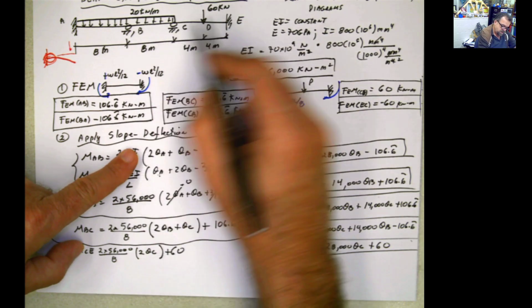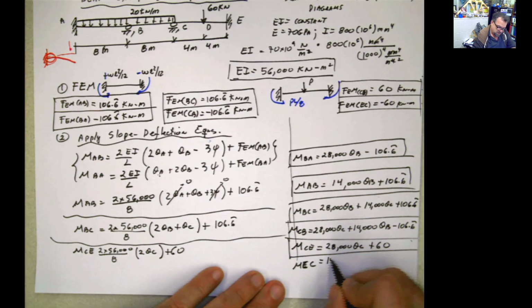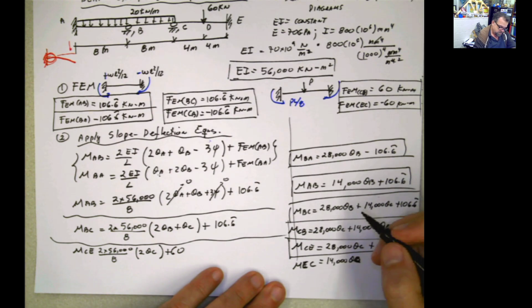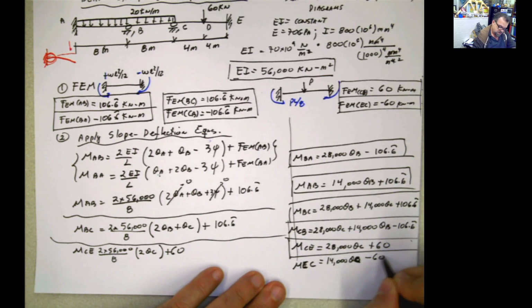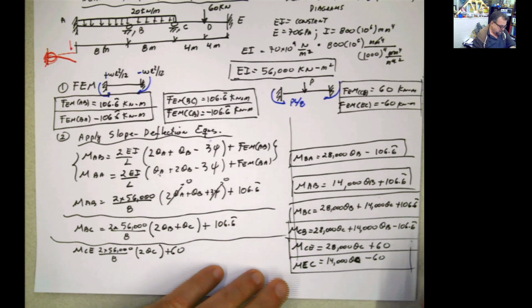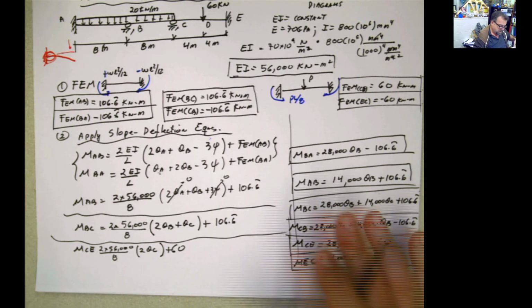Rotation at C exists. Rotation at E doesn't exist. So this is going to be 14,000 rotation at C minus 60. And that's it. That finished all what we need here.